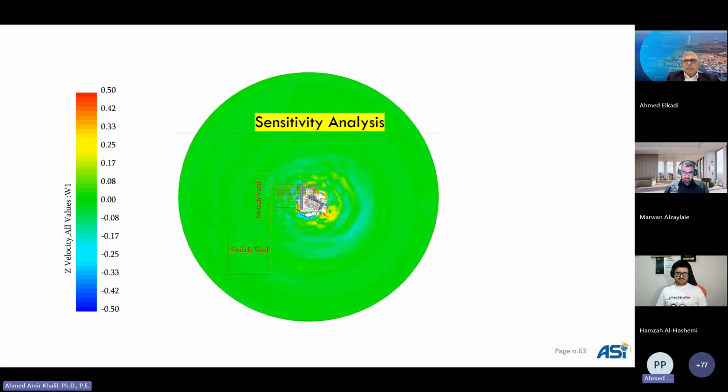So the idea is this is also another real life project where we had nearby structures and we had limitations on the peak particle velocity for vibration at those locations.